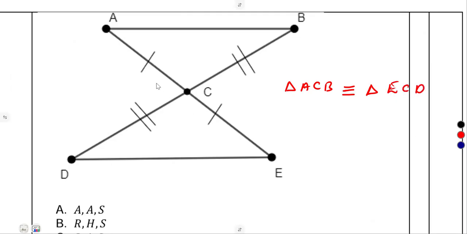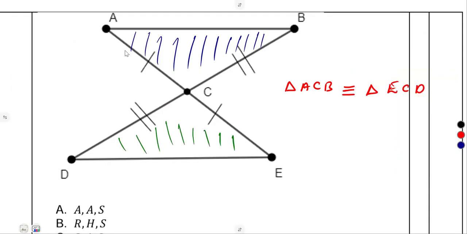If you check AC, the side of triangle ACB, it is exactly equal to CD of this other triangle.